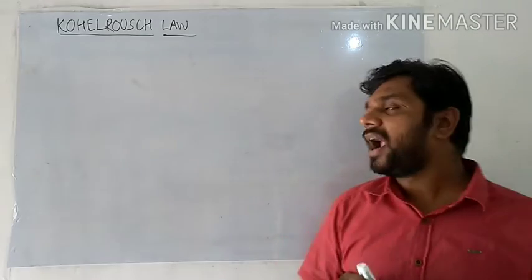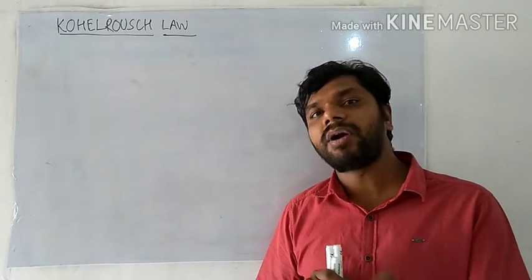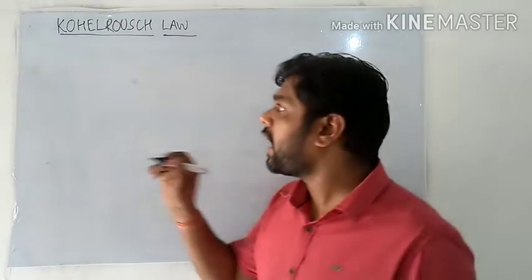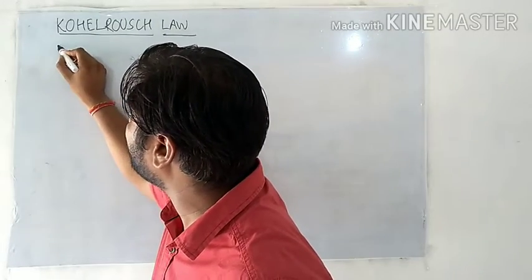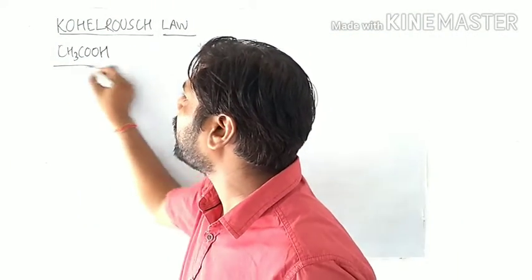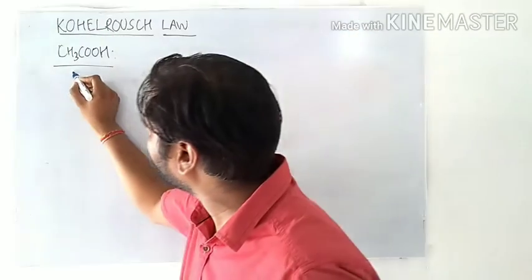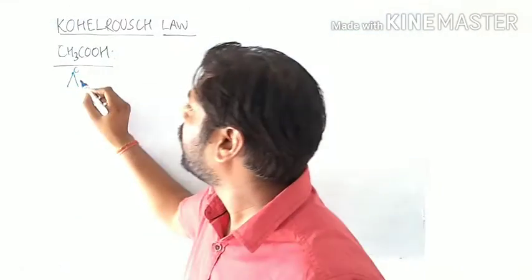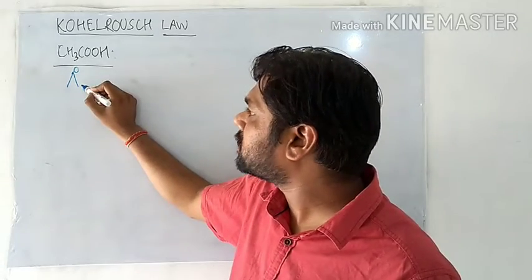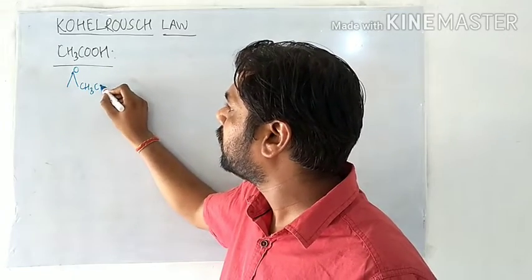It means at infinite dilution, the molar conductance of the solution is the individual contribution of each ion present in the solution. Suppose we have an electrolyte, say acetic acid. In that case, as per the law of Kohlrausch, the molar conductance of acetic acid at infinite dilution, denoted by lambda naught, is written this way.